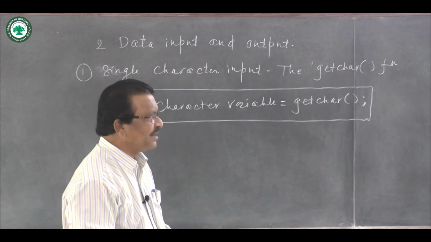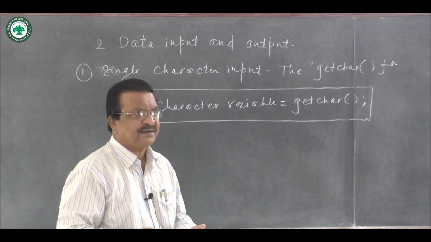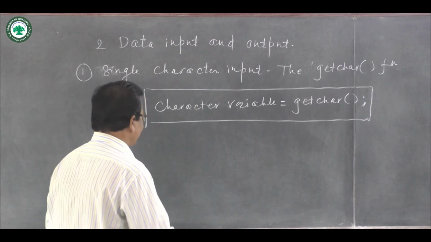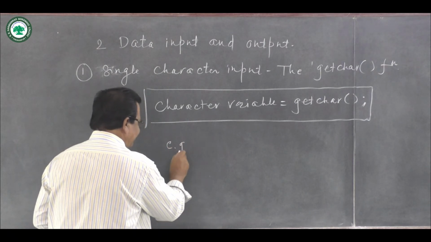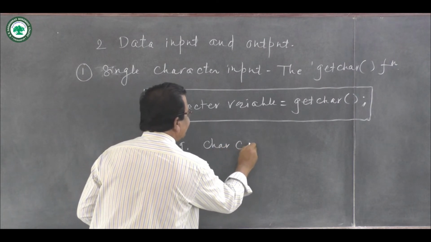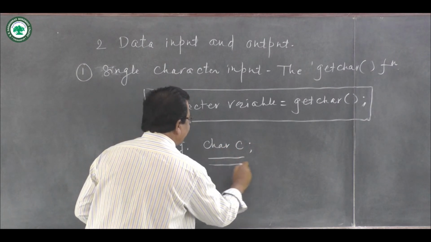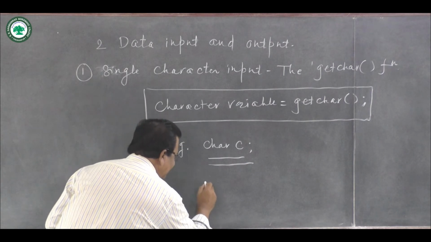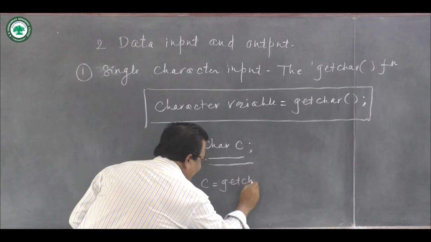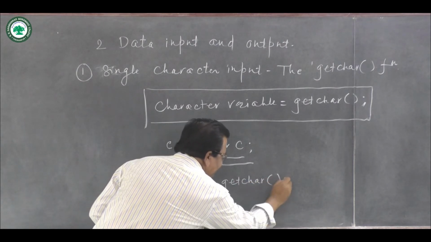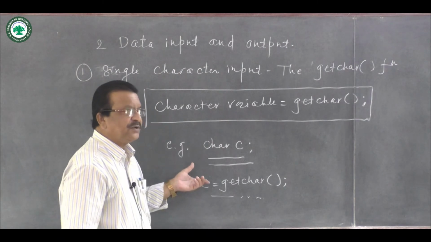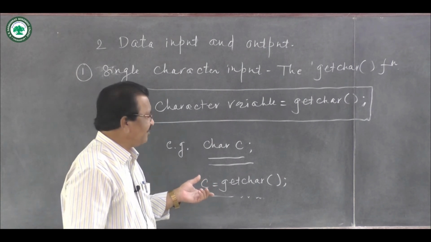Here is an example of how one can enter a single character and store it into the memory of a computer. The example is: char c; then a few C statements, and then c = getchar(); with empty parentheses and a semicolon. This program segment illustrates the use of the getchar function.